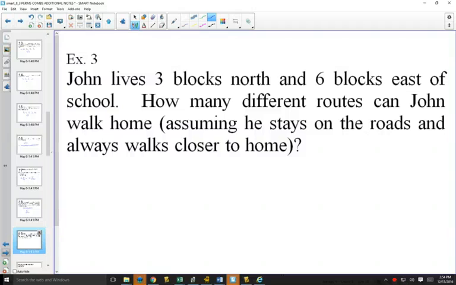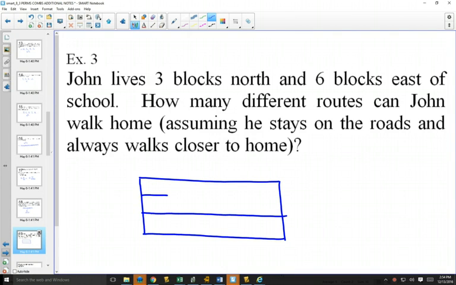And here's our grid question from before. John lives 3 blocks north and 6 blocks east of school. All right. So there's 3 blocks north. What corner will I put John? What corner will I put school? Not that it really matters, but John here?